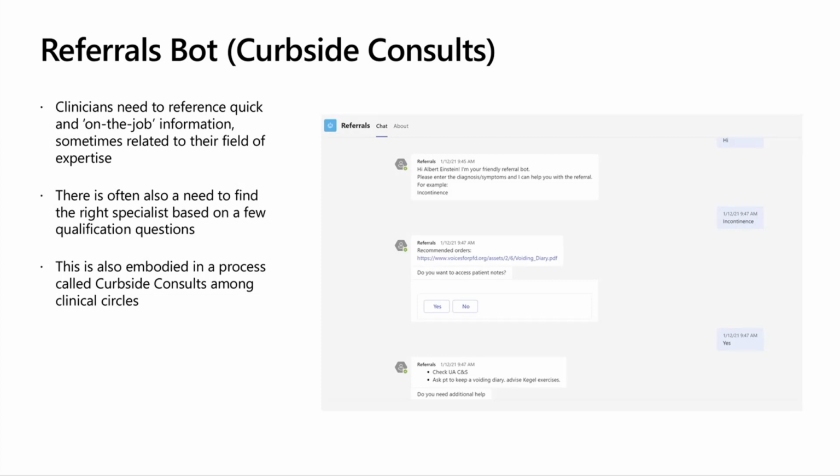Presented with that input, the bot is going to spit out, based on what it has been programmed to learn, recommended orders that might be in the system, along with the option to access notes. Deep linking is something you can think about. And again, notice at the end, always leading in with the option to ask for assistance, whether it's synchronous through a call or a meeting, or asynchronous through a message posted on Teams, either chat or a channel message.